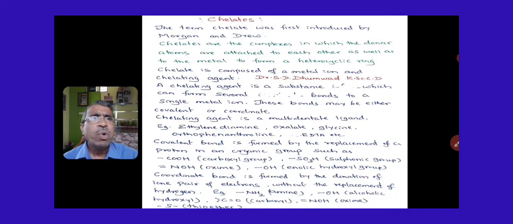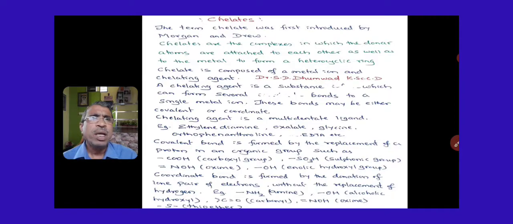Chelate is composed of a metal ion and a chelating agent. The chelating agent is a substance which can form several bonds to a single metal ion.